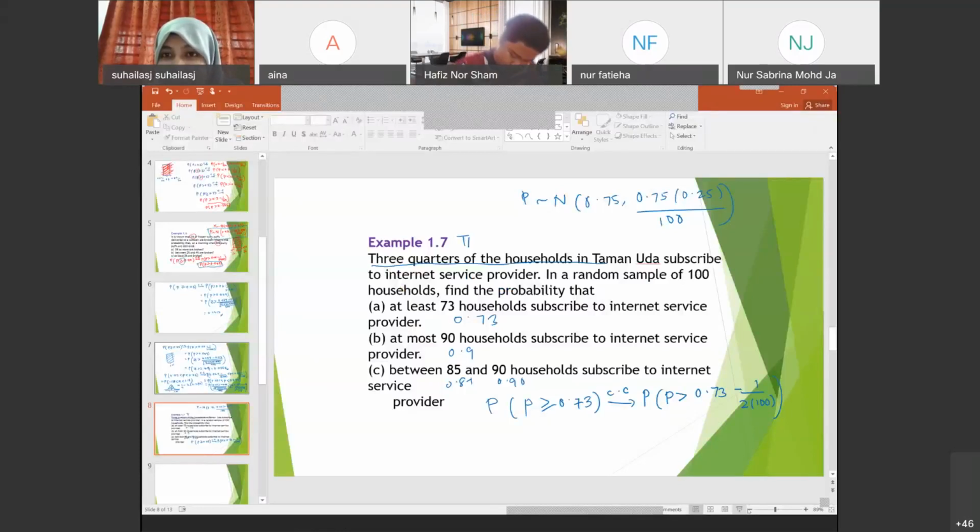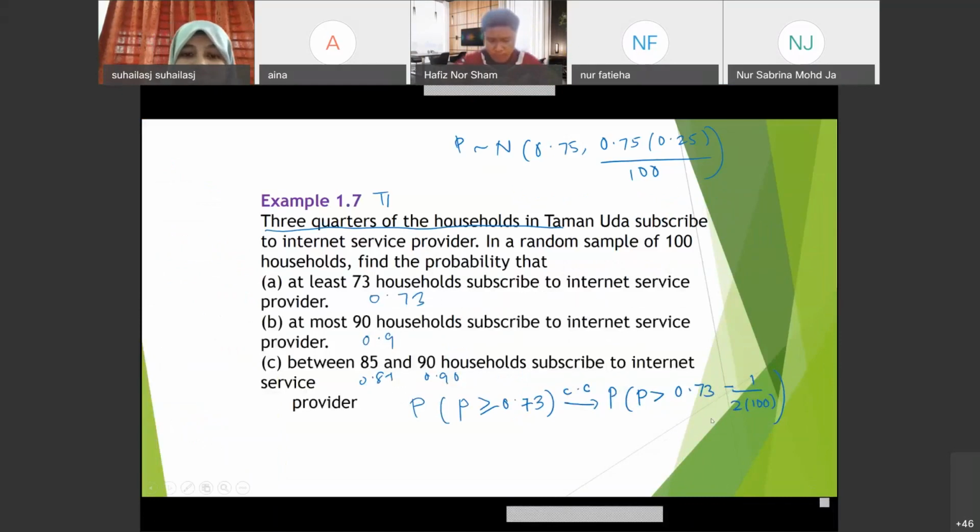So again, this one, your P is your sample proportion. P is normally distributed, with 75%, which is 0.75, as the value of your population proportion. What you want to find is your sample P. P is just X over n, that's why 73 divided by 100.